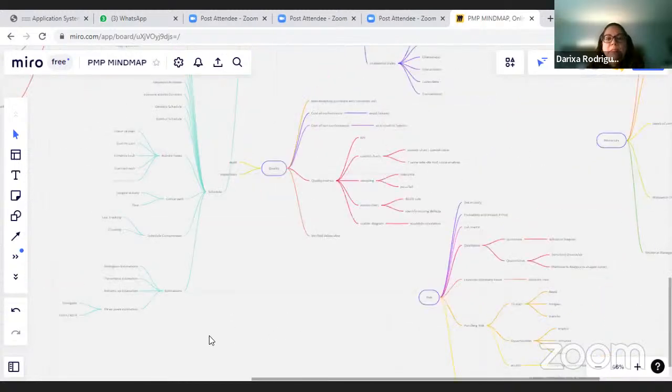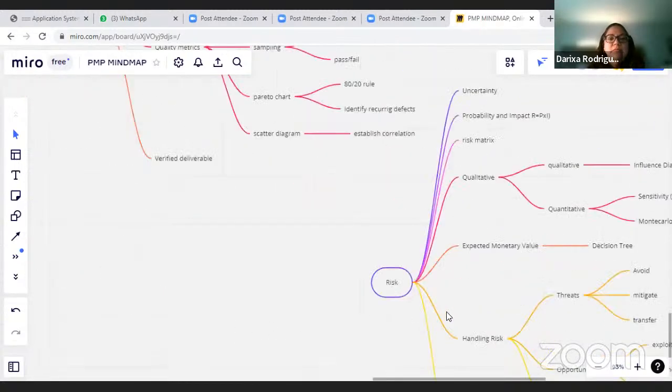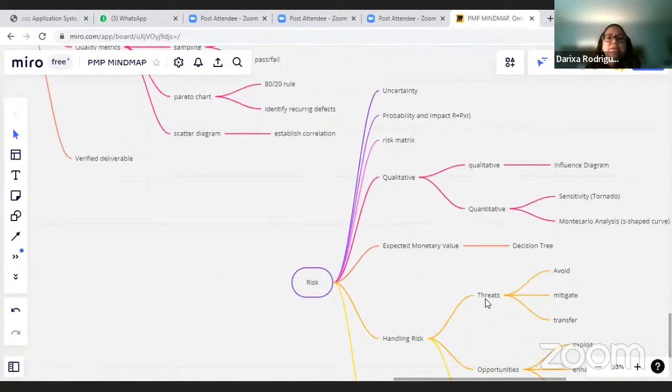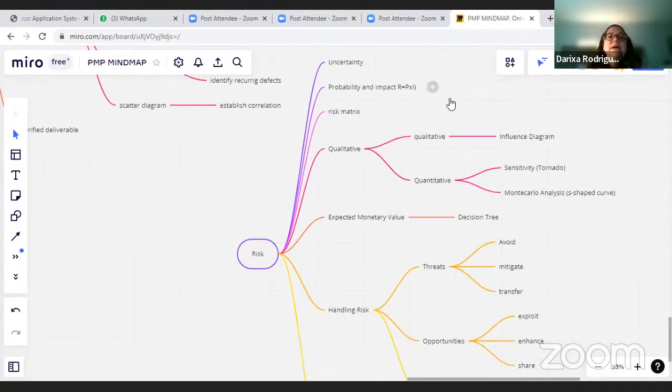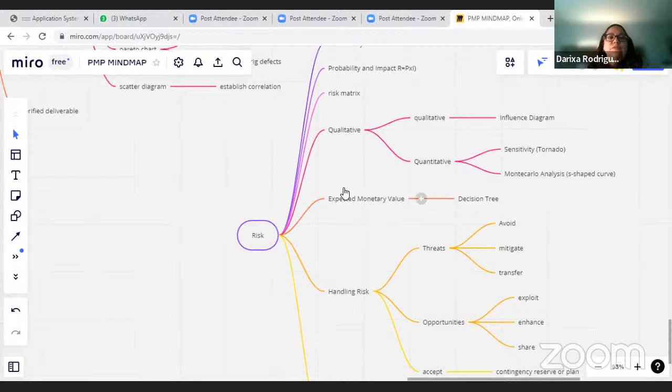In risk, a risk is basically an uncertainty, and we measure it by probability and impact with the formula R equals P times I. We use a risk matrix to classify the risk. The analysis starts with qualitative and quantitative.